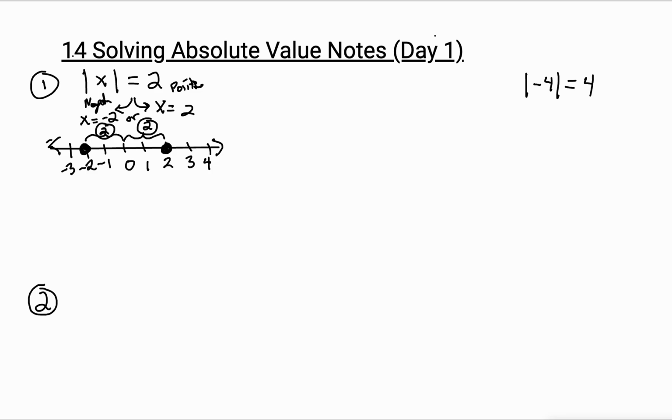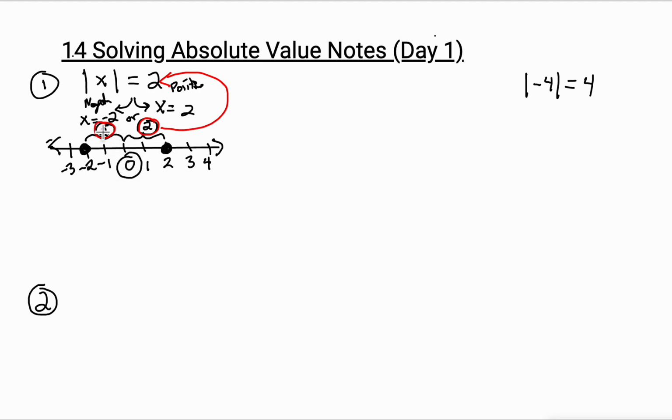That is our answer for our absolute value. The other number we have here is 0, because remember we said how far away from 0 is this answer, and that is 0 in the middle position.